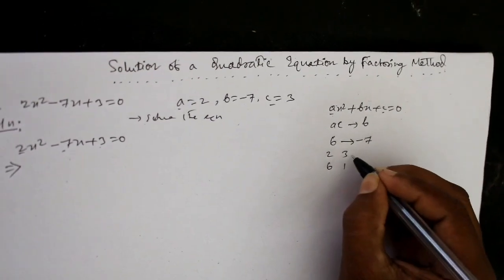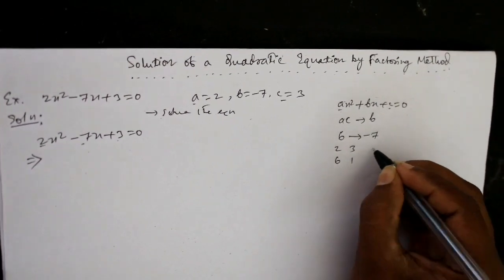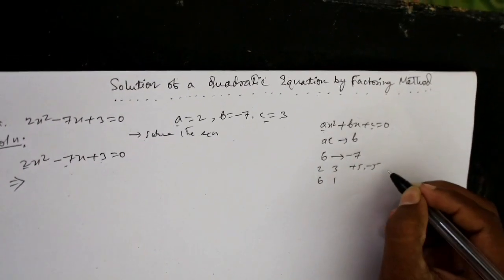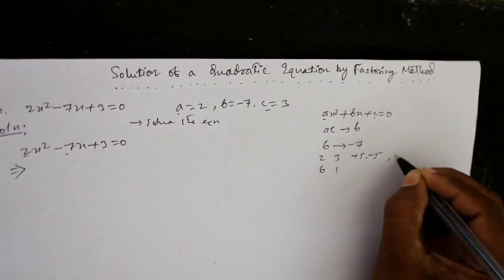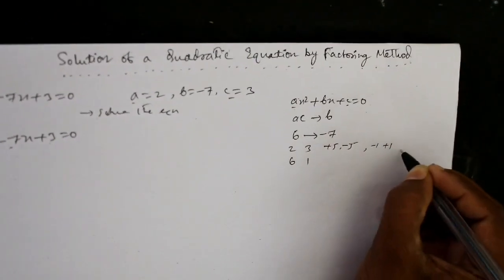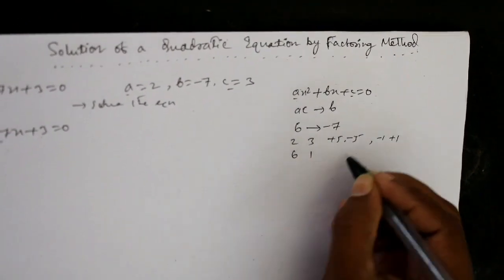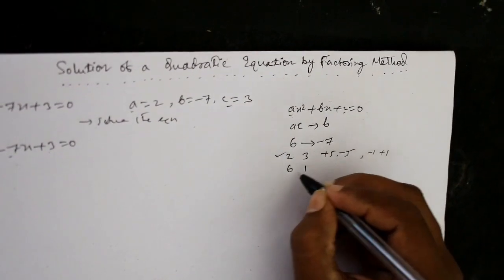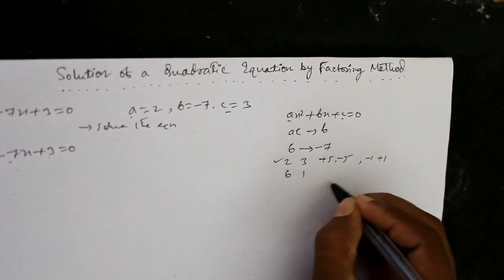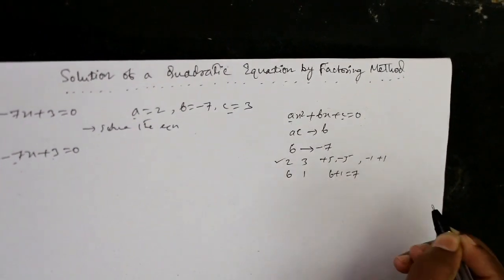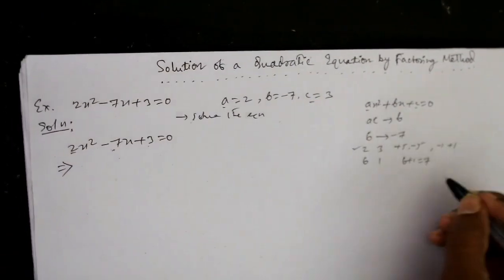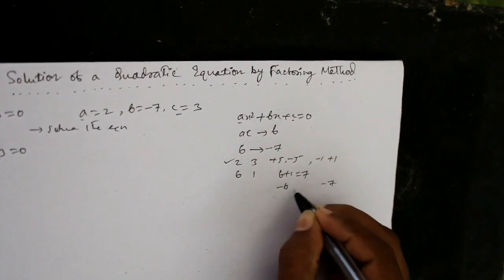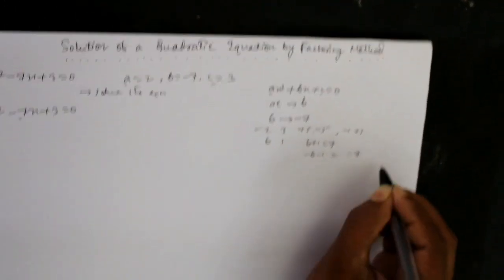Using 2 and 3 we can have plus 5 or minus 5 by simple addition, and minus 1 or plus 1 by simple subtraction, and therefore this pair cannot be used in this case. Now see, 6 and 1 can be used. 6 plus 1 is 7, but since the negative sign is there, minus 7, we have to use negative addition. Minus 6 minus 1 is equal to minus 7.